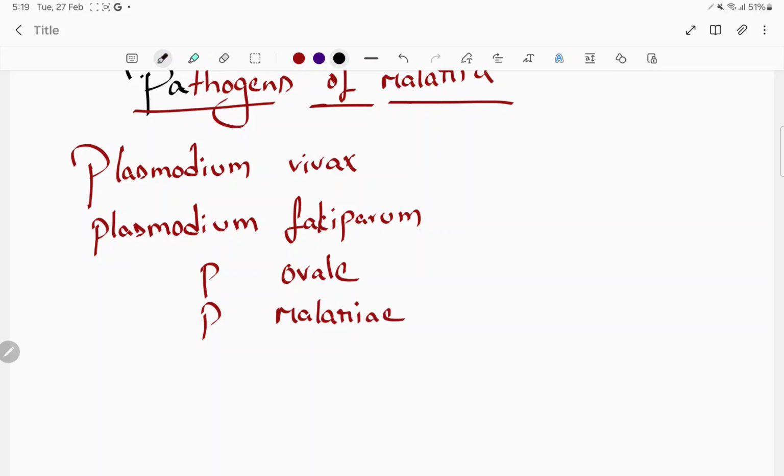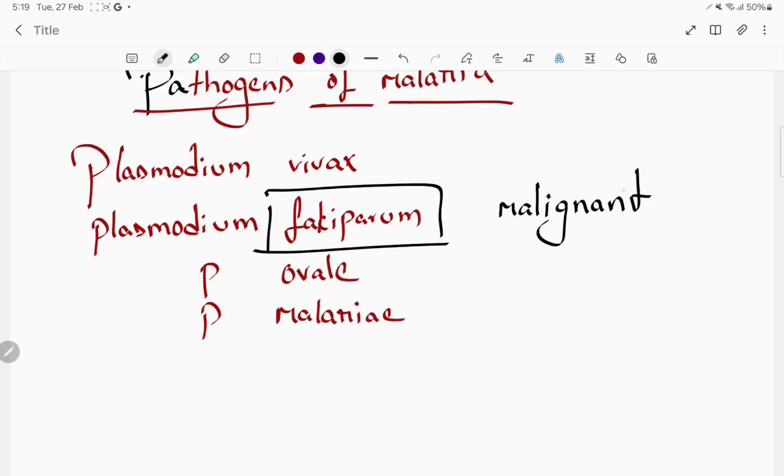Out of these, the more fatal one is falciparum. We call this malignant. The more dangerous one, it may cause death also.